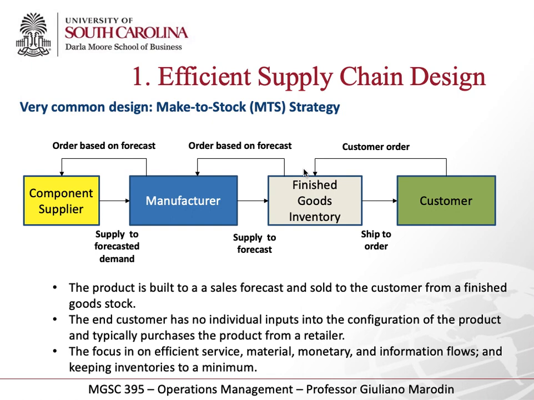So I need to be efficient, right? So how can I be efficient? Thinking about everything we learned, to be efficient, I have to produce a large volume of products because I will gain economies of scale, right? I need to make it ahead of time, so I need to use a make to stock strategy.